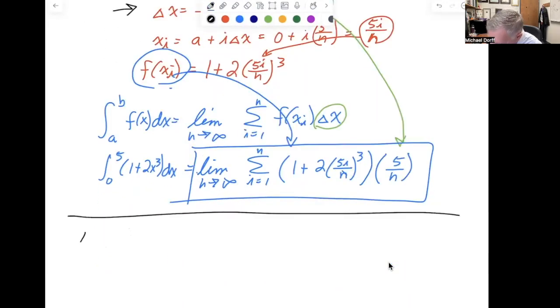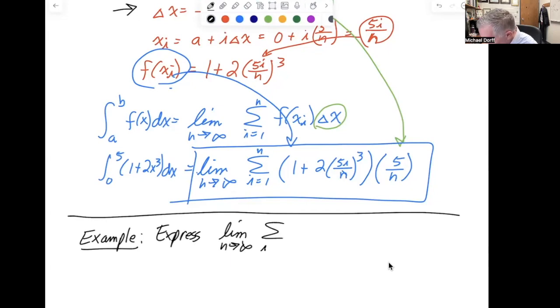All right, let's do one in the opposite direction here. So we're going to express the limit of a Riemann sum. So the limit as n goes to infinity of the sum i equals 1 to n of 1 over n times 1 over 1 plus i over n squared as a definite integral.